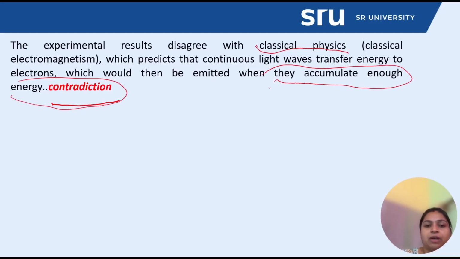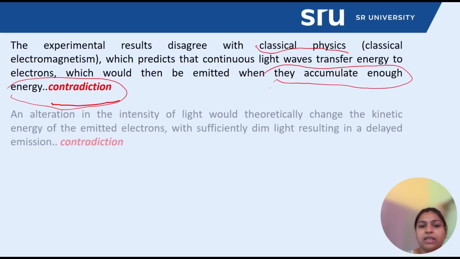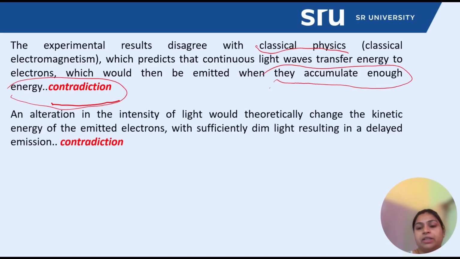So this is one contradiction. And the second is that a change in the intensity of the light would theoretically change the kinetic energy of the emitted electrons, and with sufficiently dim light, result in a delayed emission.